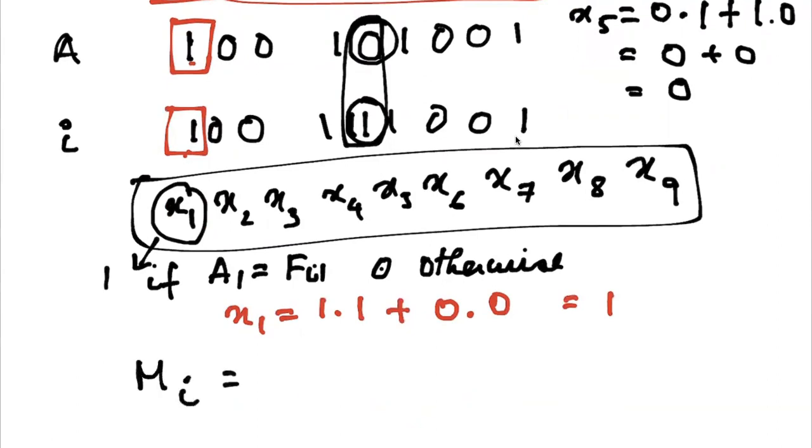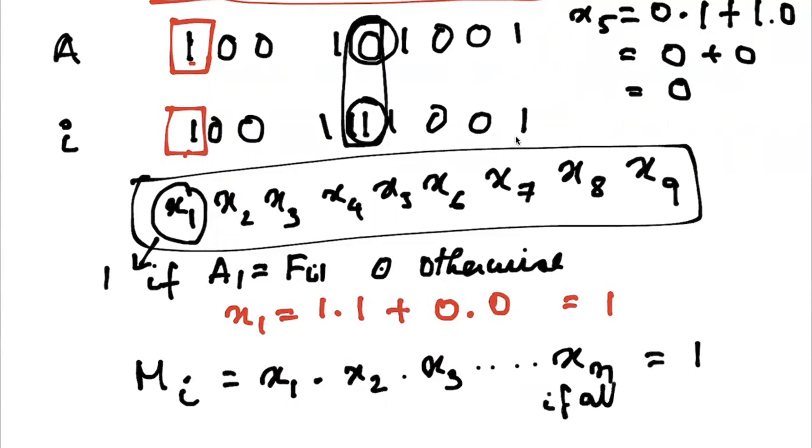Mi is equal to x1 and x2 and x3 and go on up to xn. So all n bits must be 1. So I'm using the AND function for this. And don't you think this will give me 1 if all the bits are 1, if all bits match?